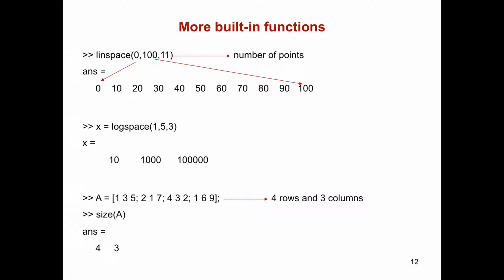So you can type in this. 0, 100 gives me the limits of my array, so it's an ordered array, and this is how many equally spaced points.